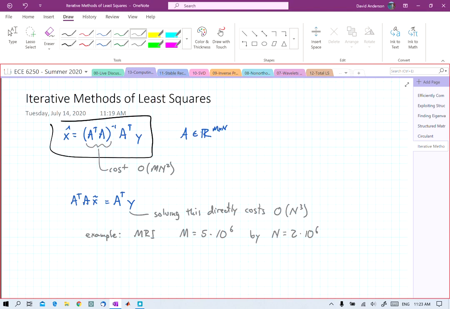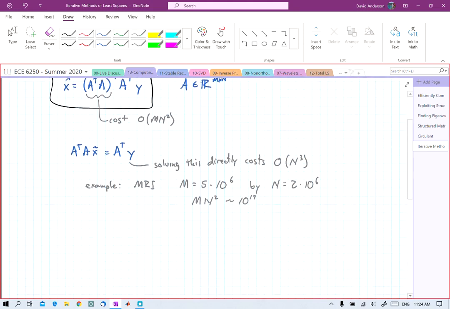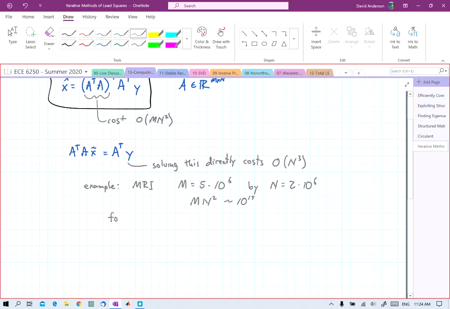Well, in order to get anything useful, you need a relatively high amount of resolution, and so to solve the inverse problem, you need approximately 10 to the 19th operations to process each MRI image. This is really not feasible in anybody's book. Certainly it would take too long.